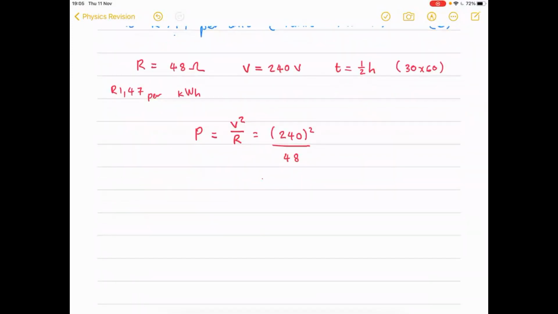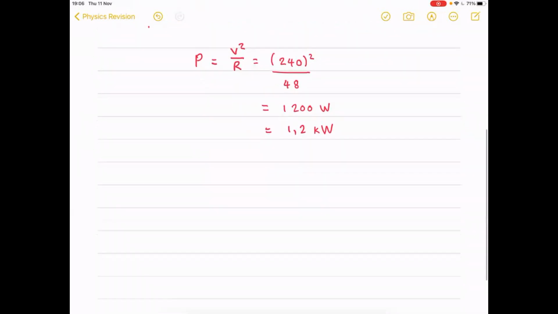If you do that, you will get 1,200 watts. But we don't want it in watts, we want it in kilowatts. So you have to divide this by 1,000, for kilo. You're going to get 1.2 kilowatts. So that's the first step. We've got the power in kilowatts.